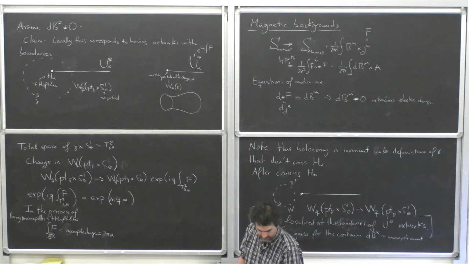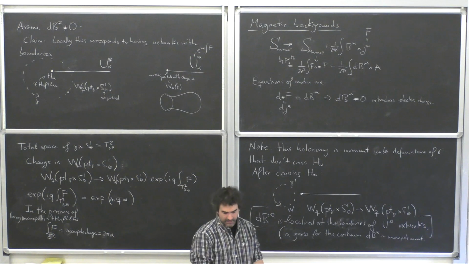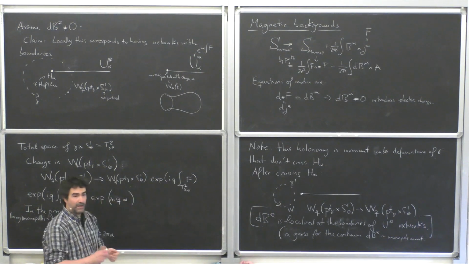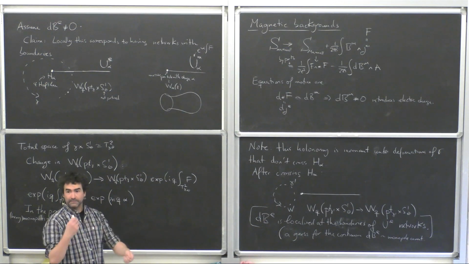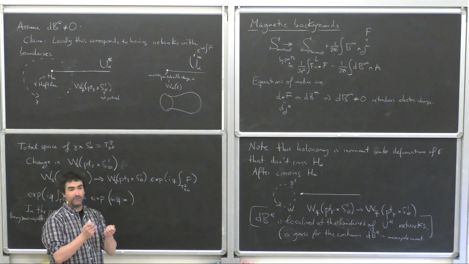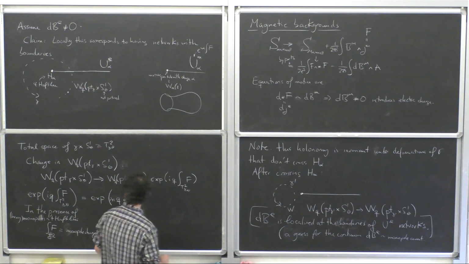But of course, to really relate the two things, I need to show that the electric and magnetic backgrounds that I introduced are dual to each other. I sneakily call them B_E and B_M, but I haven't proven to you that those are really dual to each other. So let me do that next.